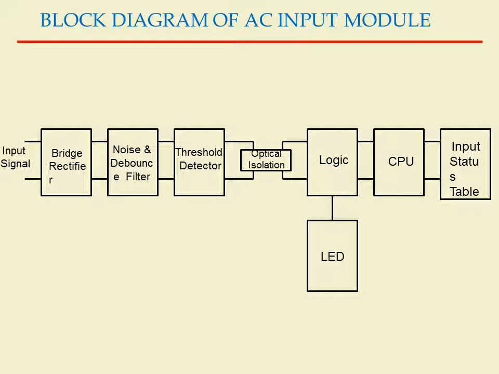Then LED is connected to that logic circuitry, and whatever logic is obtained from these input devices is given to the CPU, and it will be stored. The states of the input devices will be stored in the input status table.